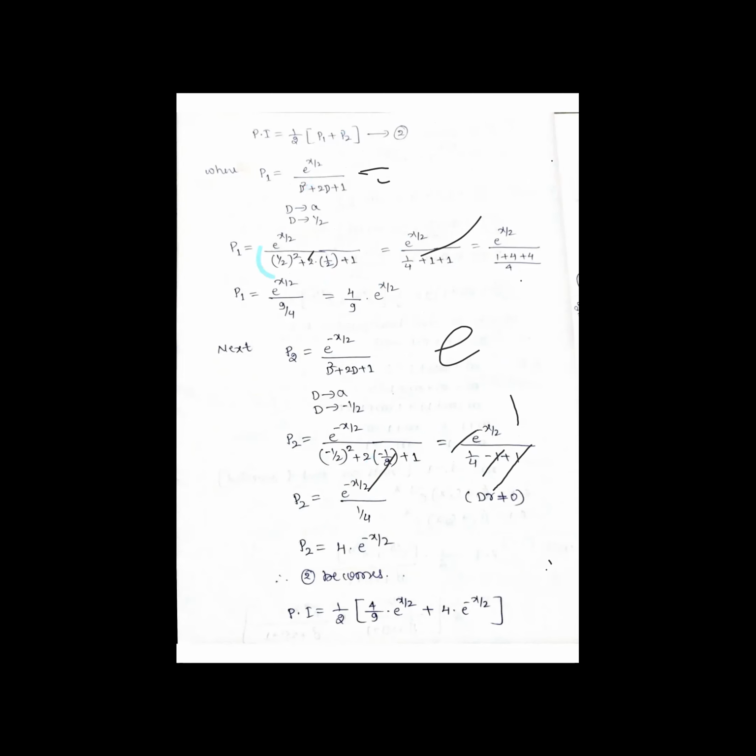Minus 1 by 2 the square is 1 by 4, plus minus 1 plus 1, which cancel. So e raised to minus x by 2 divided by 1 by 4 remains. The denominator is not equal to 0; if it were 0, the rule would be different. In both cases the denominator is not 0, so I stop the solution and send the 4 to the numerator: 4 into e raised to minus x by 2.